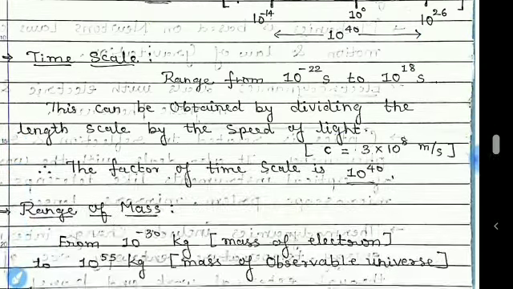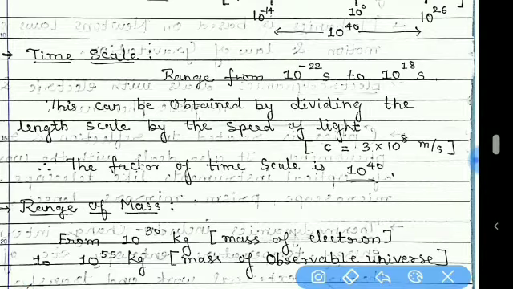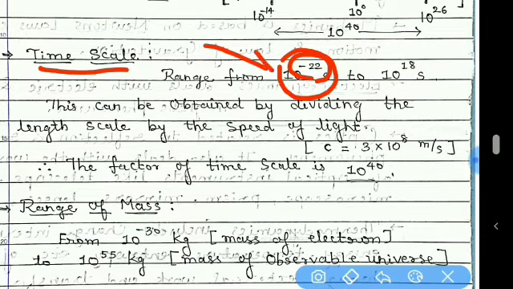Similarly, the time scale. The smallest time measured is of about 10 raised to minus 22 second. See, the power is negative, that is minus 22. So the smallest time can also be measured, and the largest time of about 10 raised to 18 second can also be measured.